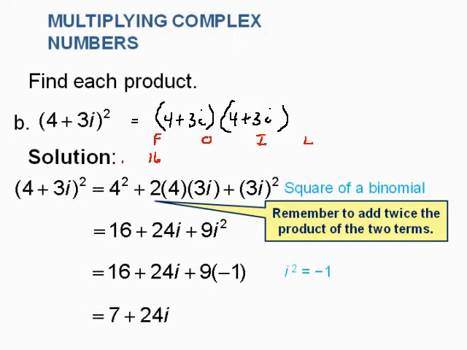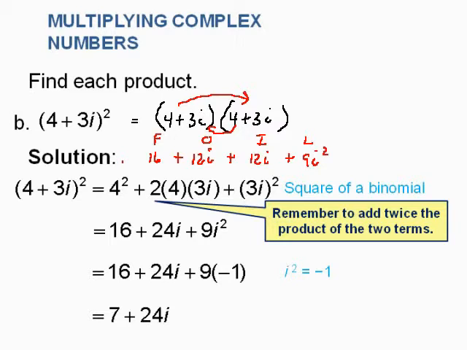So first two terms, 4 times 4 is 16. 3i times 4 is plus 12i. Now when you square a binomial, the O and the I will always be the same. So you'll get 12i inside as well, and then plus your dangerous last term of 9i squared.